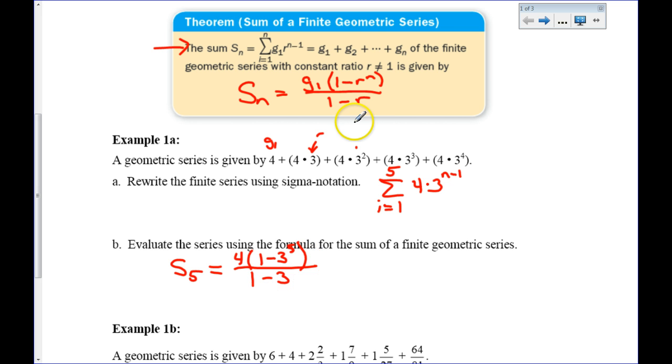If you calculate that out, you're going to have 4 times negative 242 over negative 2. And then that total will end up being 484.